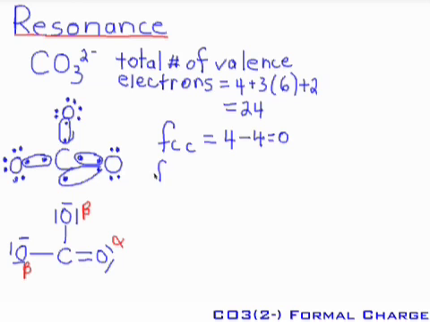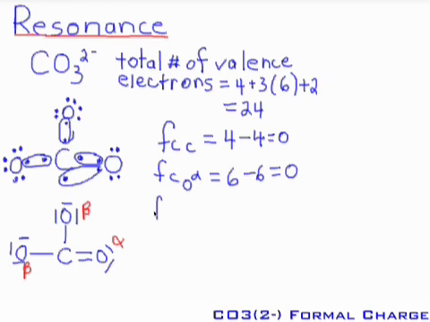Formal charge of oxygen alpha equals, oxygen has 6 valence electrons from the periodic table. When I get to the oxygen with the double bond, oxygen alpha, the lone pairs are counted totally for oxygen because they're not shared in a bond. The double bond, each bond component in the double bond donates 1 electron to oxygen, so that's 2, 4, 5, 6. 6 minus 6 equals 0. So the oxygen with the double bond has no charge.